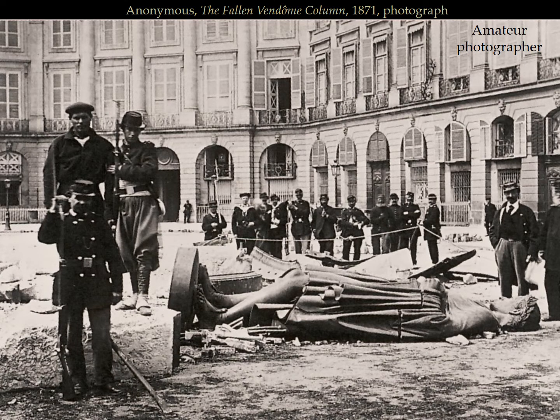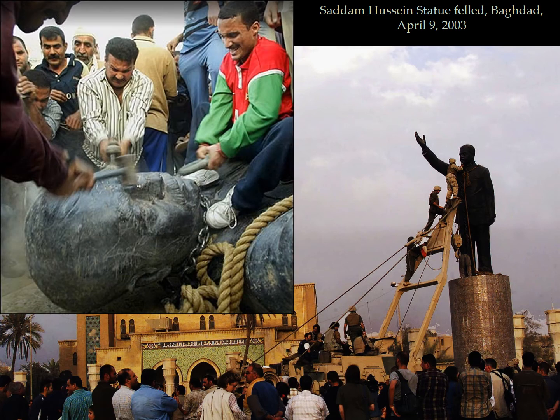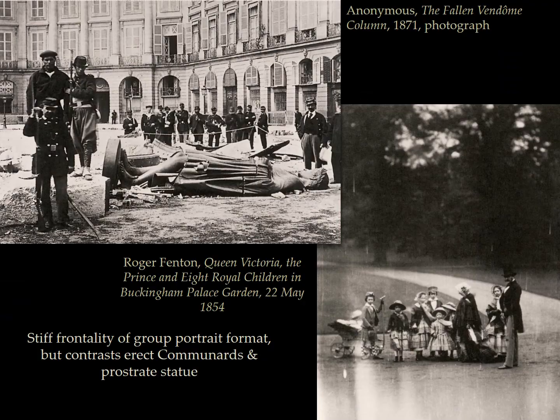Here we have an anonymous amateur photographer taking a photograph of the fallen Vendôme column from 1871. Much like later hated imperial statues that represent oppression, such as that of Saddam Hussein in 2003, they were taking out their anger and frustration of the previous administration on images and symbols of it.